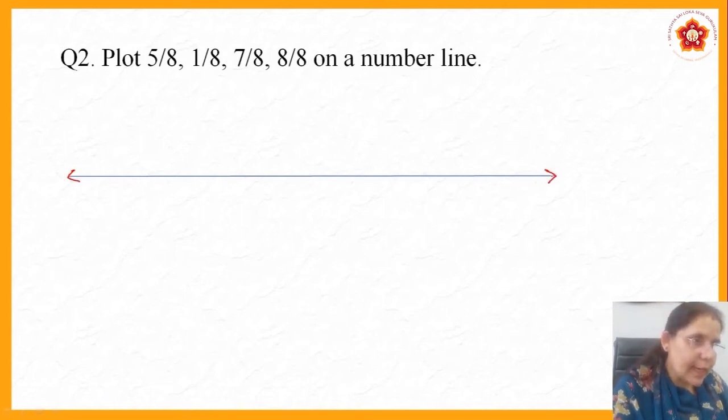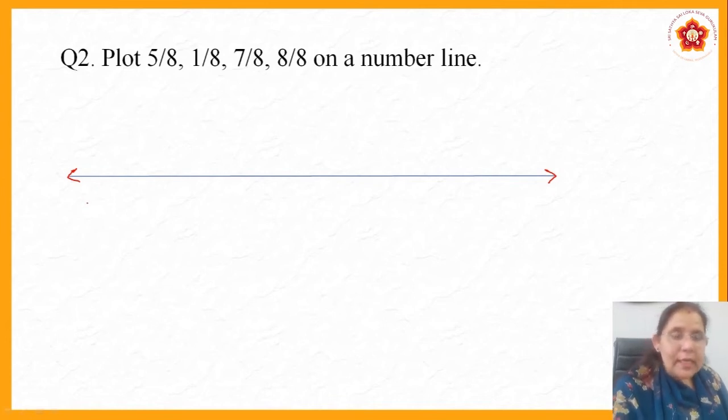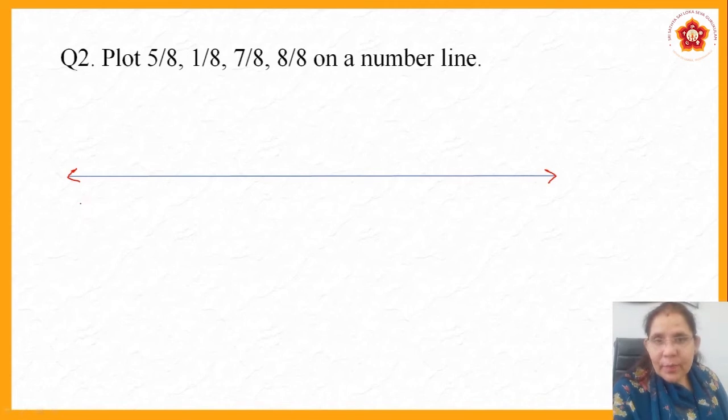First step, a line has to be drawn using a scale and pencil. Put arrows on both the sides. Whether you write plus infinity, minus infinity, that does not count. But an arrow has to be made on both the sides. That shows that the line extends indefinitely on both the sides. Now you see all the 4 fractions, all the 4 rational numbers, they are positive.